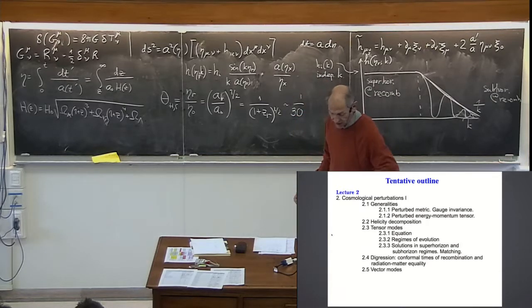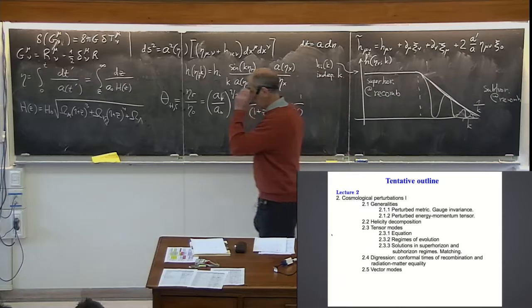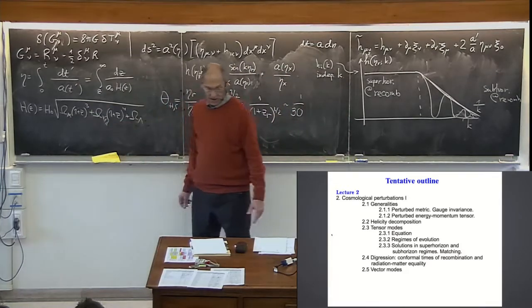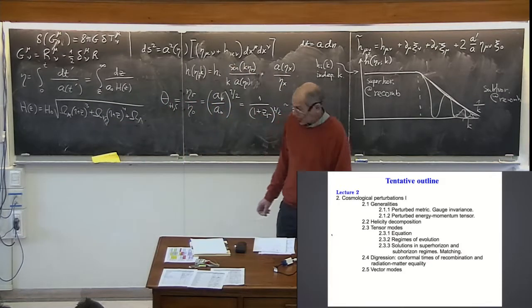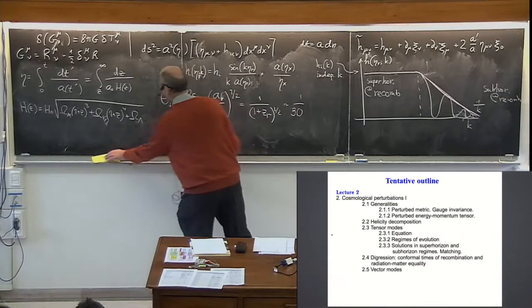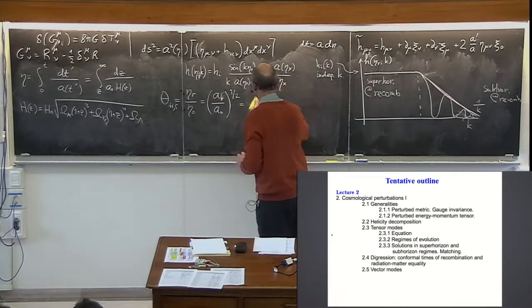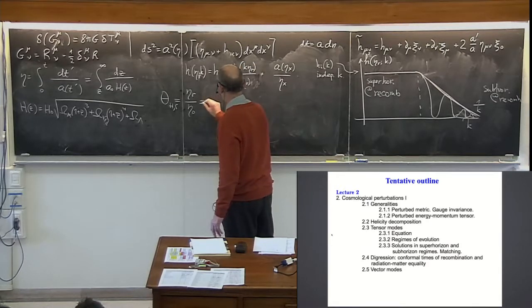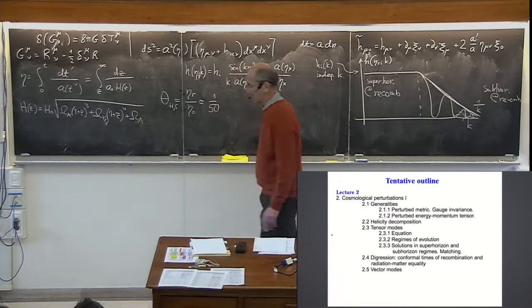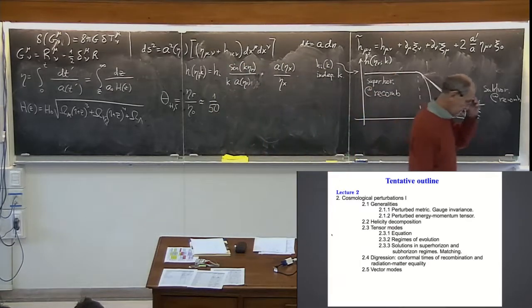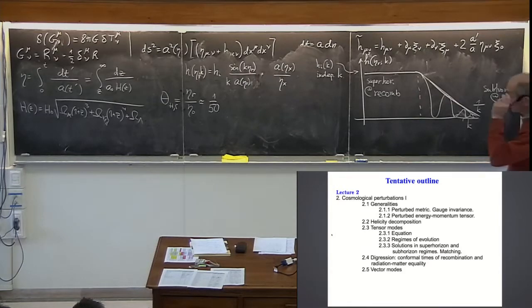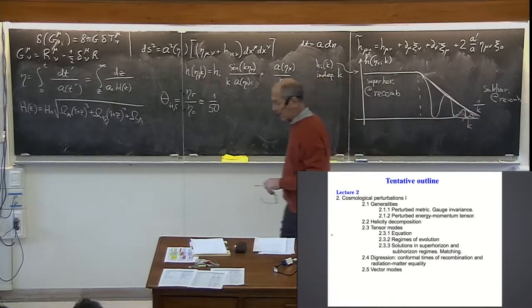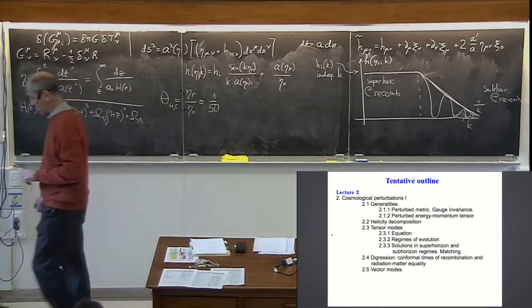Once you know the values of these omegas, you calculate it, and you end up with the ratio of the angular scale, which is more or less close to what I get. It's about 1 over 50. Okay? So that's the refined estimate for the angular scale of the horizon at recombination.